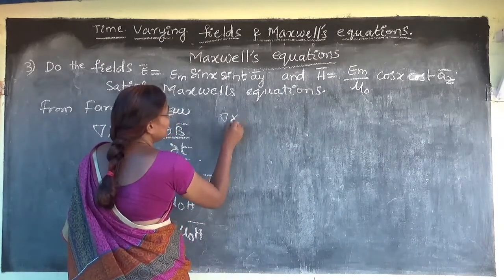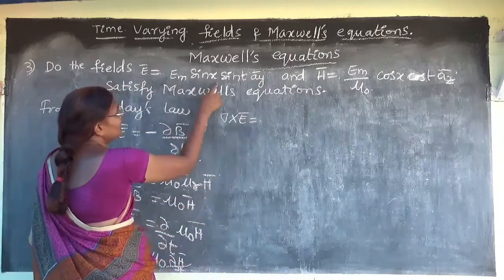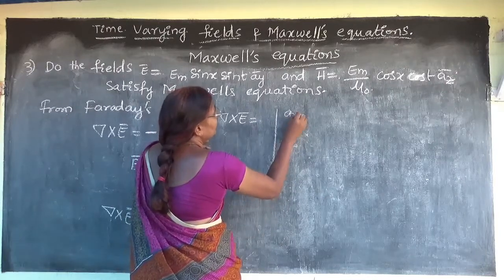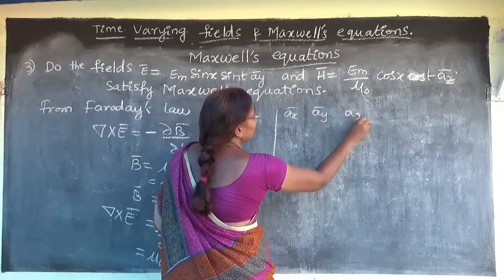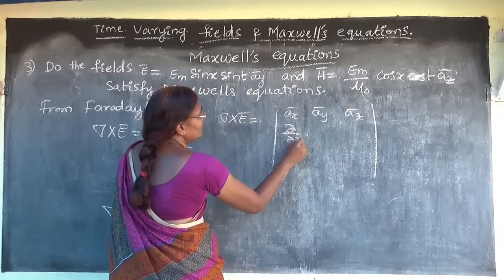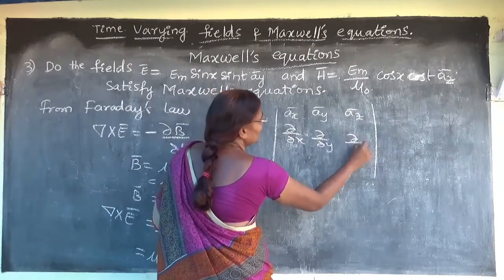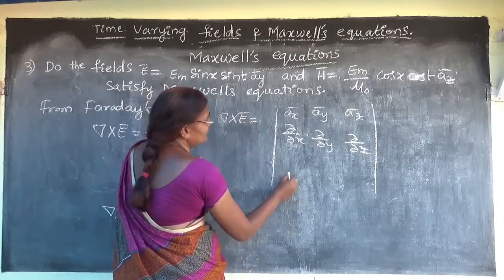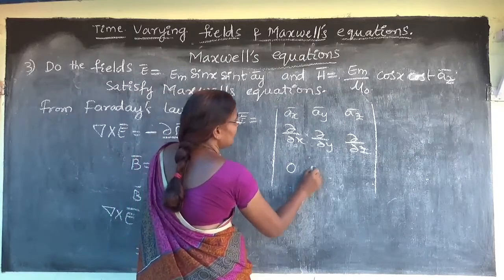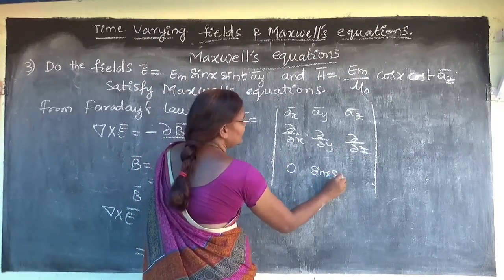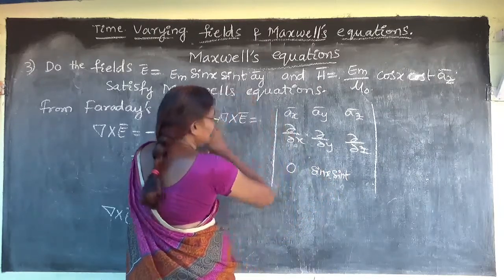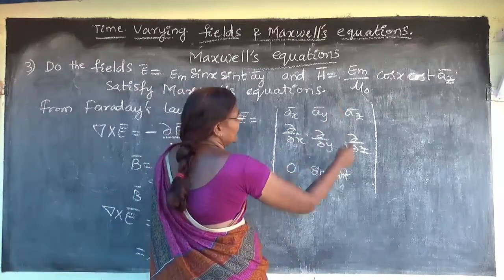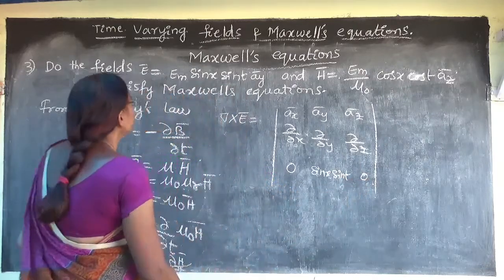సో ఫస్ట్ del cross E bar ఏంటి, ఆల్రెడీ ఇలా చేశాం కదా. ఈ బార్లో ay బార్ ఒక క్వాంటిటీ ఉంది. సో దిస్ ఈజ్ నథింగ్ బట్ the determinant with ax bar, ay bar, az bar, dou by dou x, dou by dou y, dou by dou z, and this is 0, the second one is sin x sin t ay, and the third one is 0.